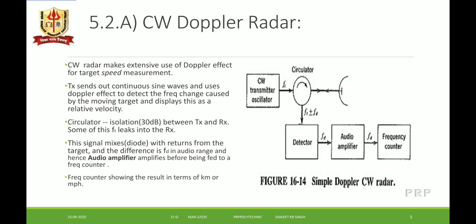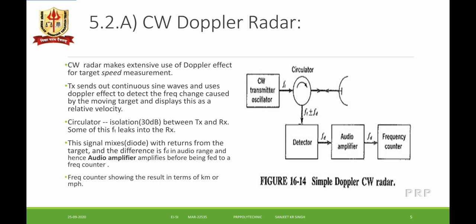So some of the transmitted signal is leaking into the receiver circuit, and therefore it mixes with the received signal from the receiving antenna and is fed to the detector, where the detector is a diode mixer which mixes this leaked transmitted signal with the received signal from the receiving antenna, ft plus or minus fd.